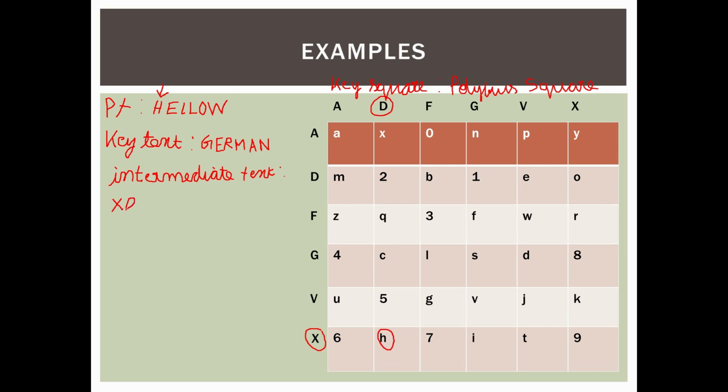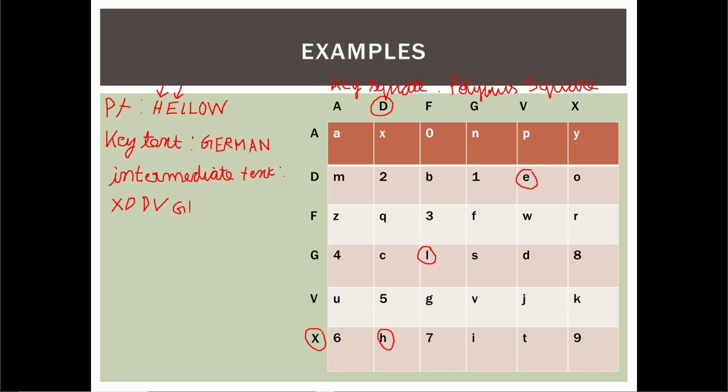Now do the same thing for the remaining characters present in the plain text. As you can see, the pointer has moved here. You have to consider where small e is in this 6x6 matrix. Small e is here, and the corresponding row label and column label we have got are D and V. Then we have L here, so we have got G and F. Then again we have another L, so we have got GF.